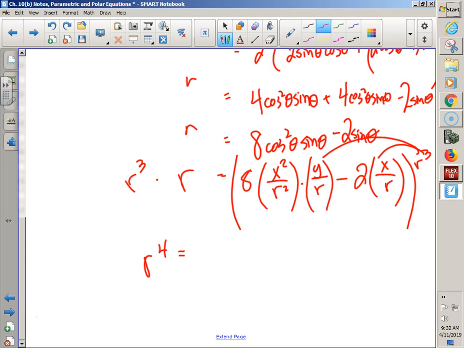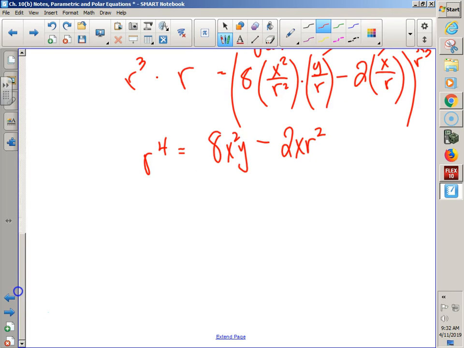Those r cubes are going to cancel, so I'm just going to have 8x squared y minus 2xr squared. Maybe you could follow the algebra, maybe you couldn't, but if we get all the r's on one side, r to the 4th, 2xr squared, couldn't I pull an r squared out? That would be r squared plus 2x.